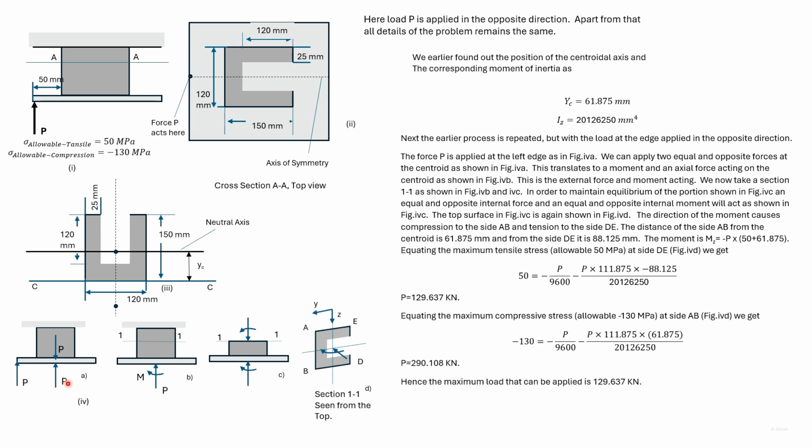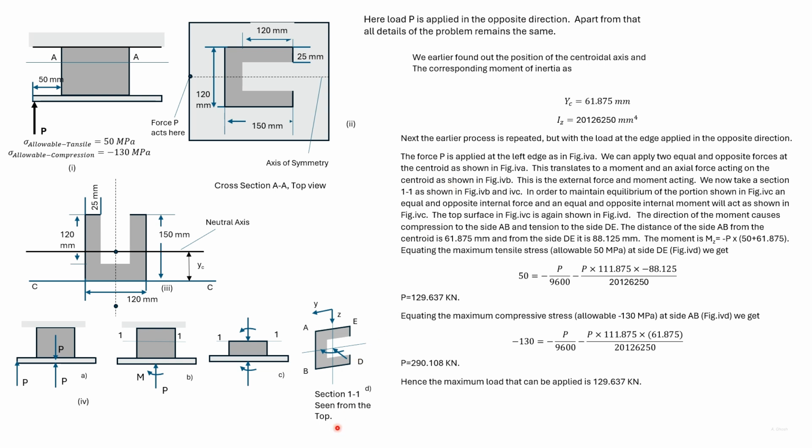This is statically equivalent to a force P acting on the centroid, a compressive force, and a moment acting in the direction shown. If we take a section 1-1 and consider equilibrium, then on section 1-1 there is a compressive force P acting, and there is a moment acting in the direction shown.